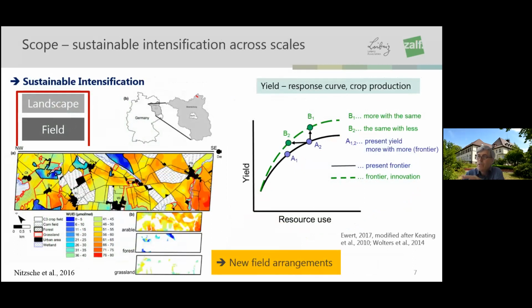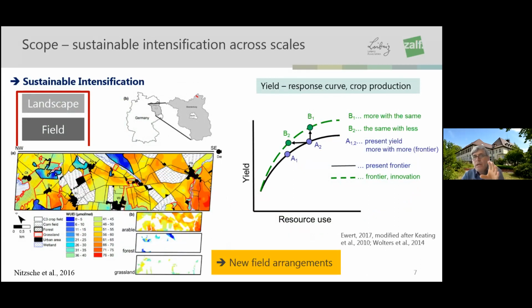If I come back to this graph here, we think that at the plot scale, field scale, there is much to gain in order to improve resource use efficiency, but also at the next higher level of the organization, the landscape, there is an additional benefit by thinking of how we arrange fields in a landscape context. That could be one way. There are other ways, perhaps introducing landscape structures, heterogeneities in a different way.